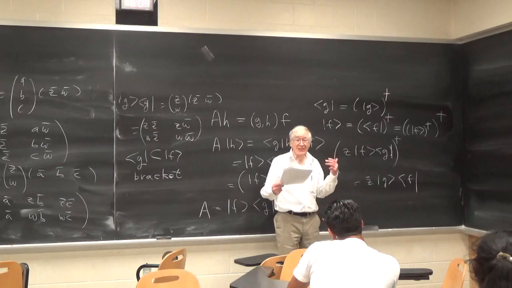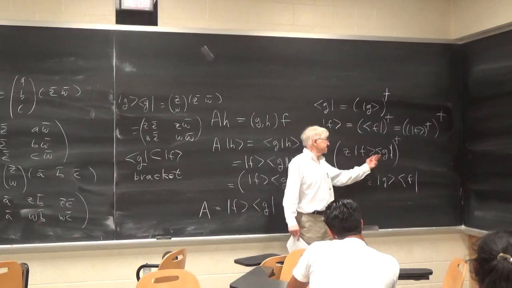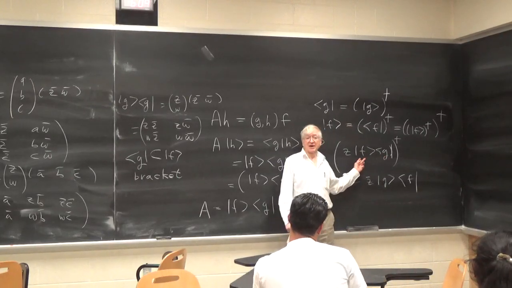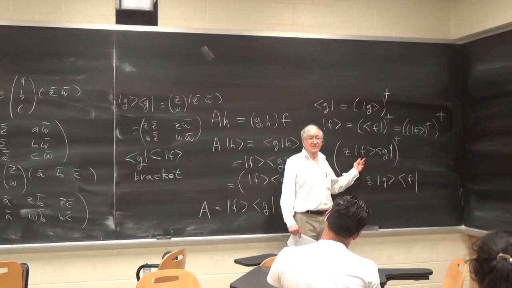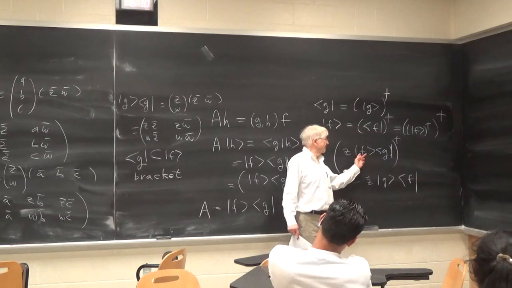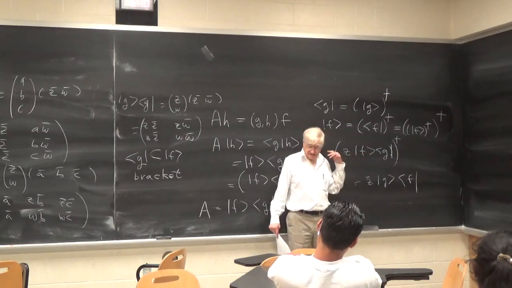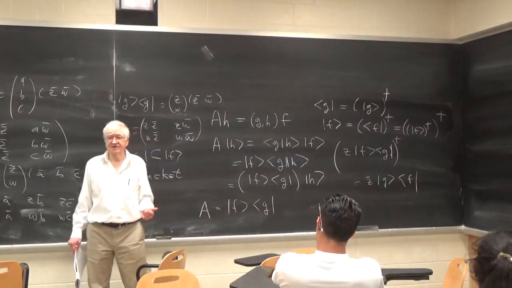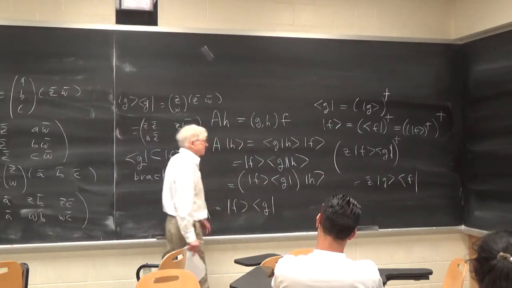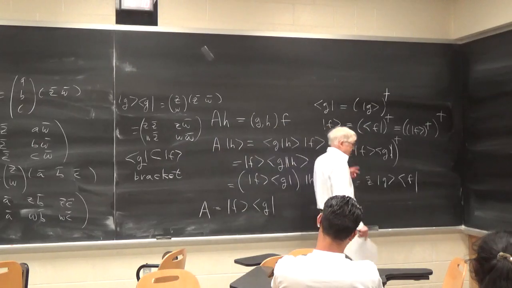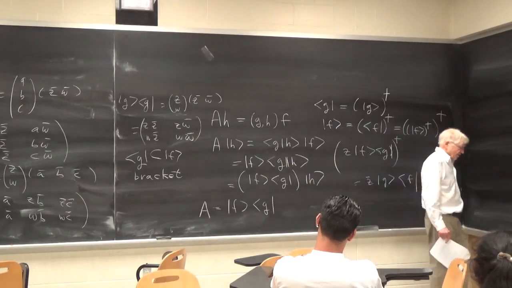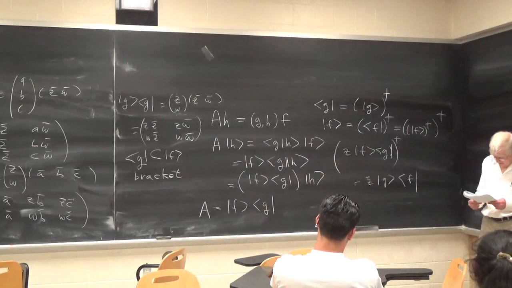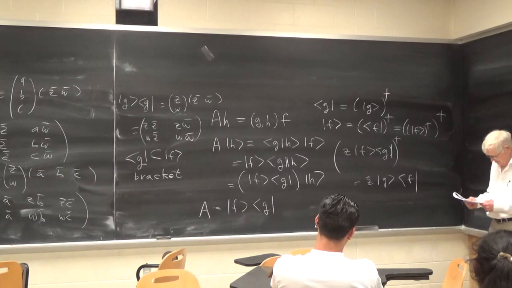A basis for that vector space is formed by outer products of kets and bras in the space on which the linear operators act, and then complex numbers. So this really is basically the whole story.